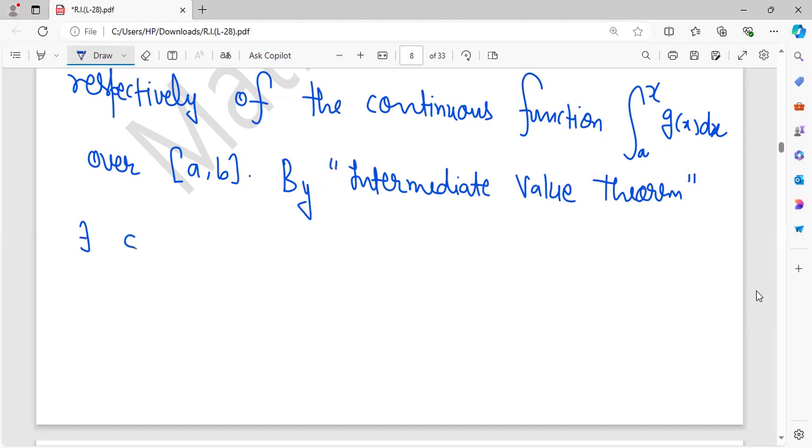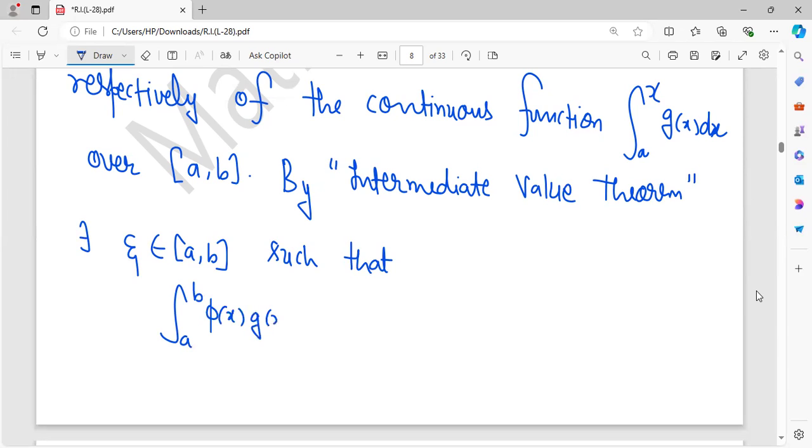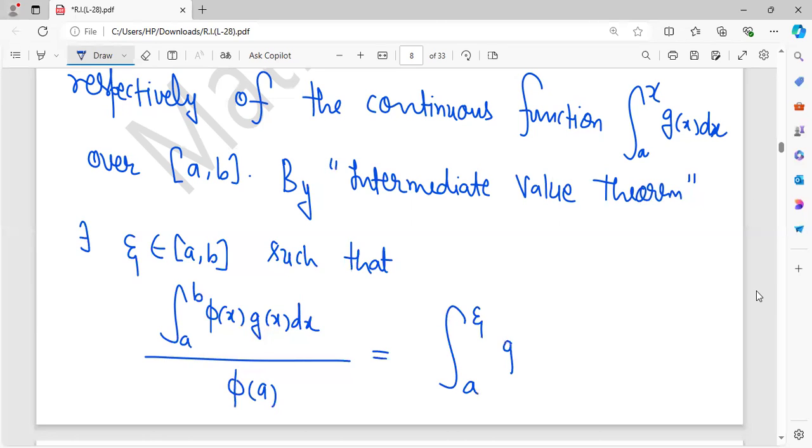By the intermediate value theorem, there exists xi belonging to the closed interval [a,b] such that the integral from a to b of phi(x) g(x) dx upon phi(a) will be attained by the continuous function. So this xi, by the intermediate value theorem, the middle thing will be attained. If you take any value in between the supremum and infimum, it will be attained by the continuous function.